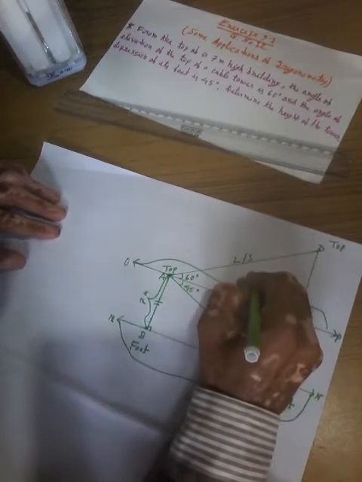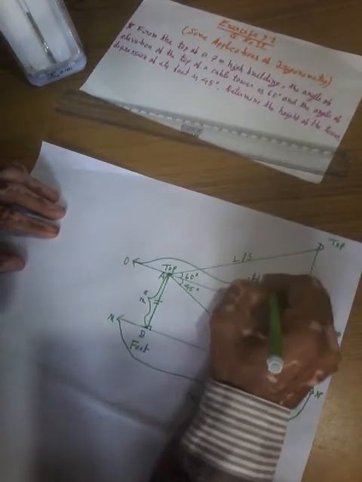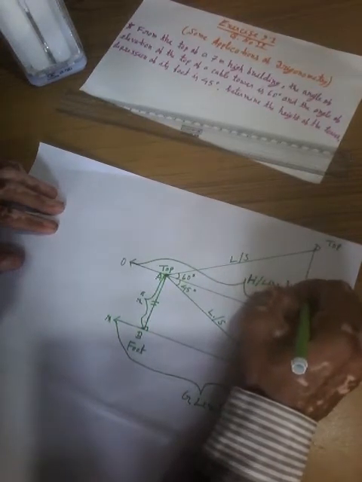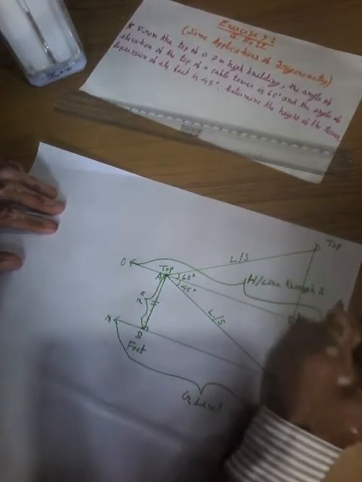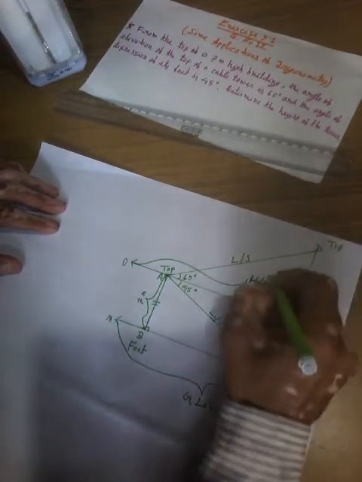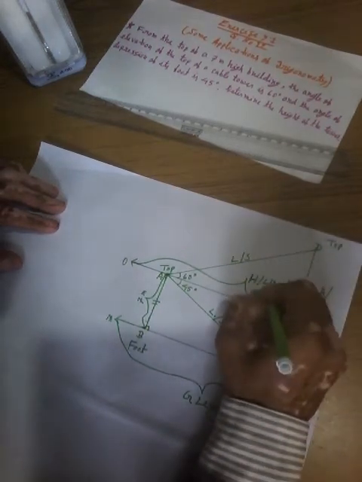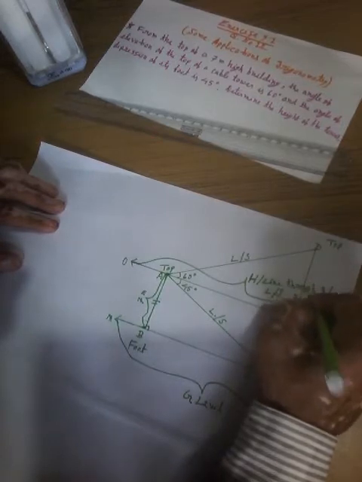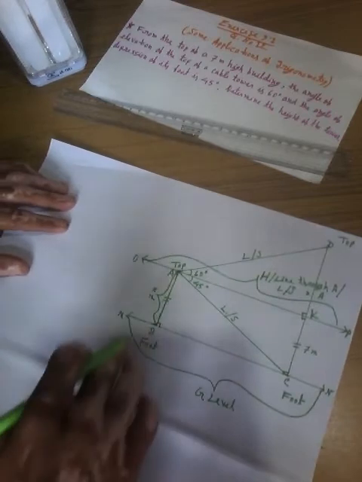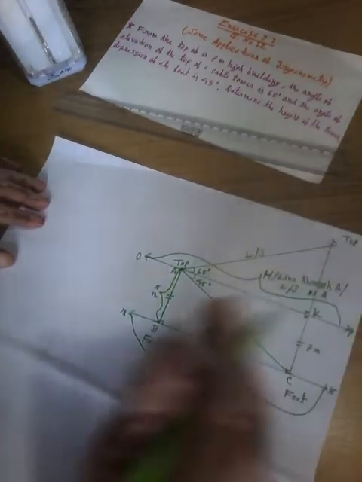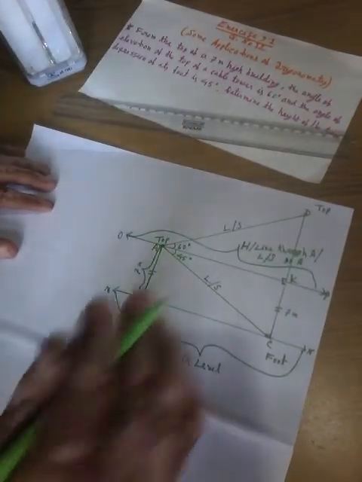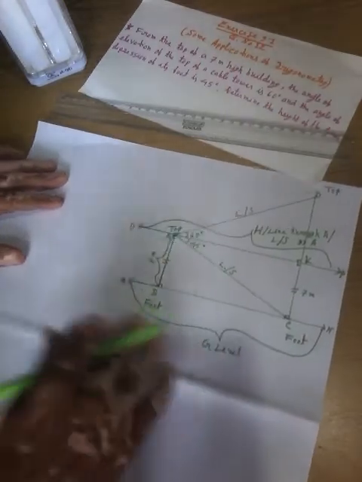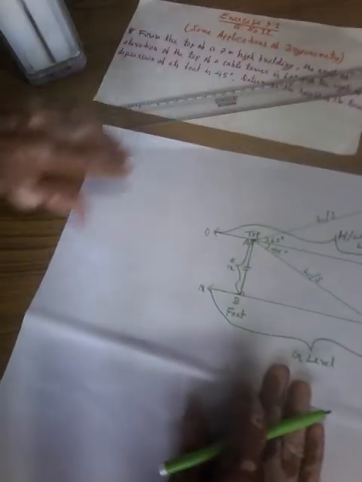This is the horizontal line through A, also the oblique line of sight through A. We have to measure DC, that means the height of the cable tower. So after this, go for the description.